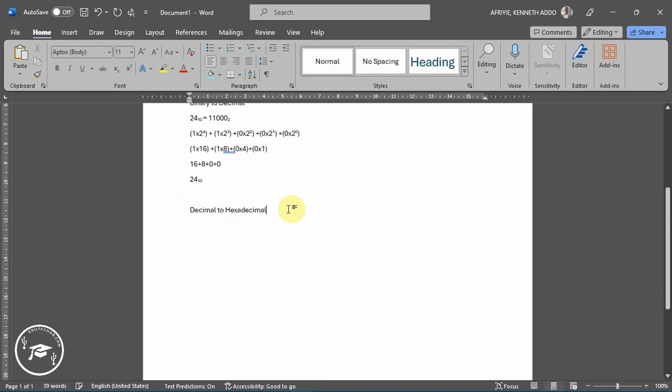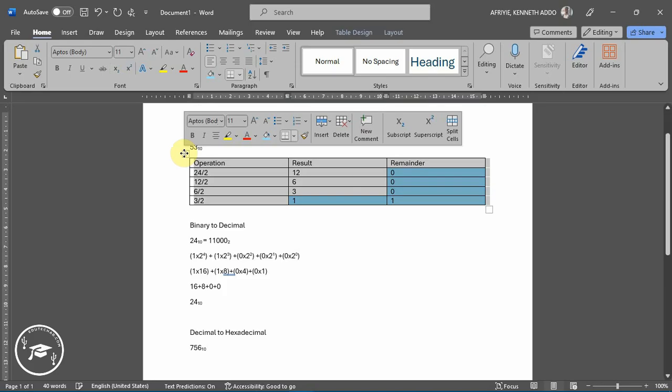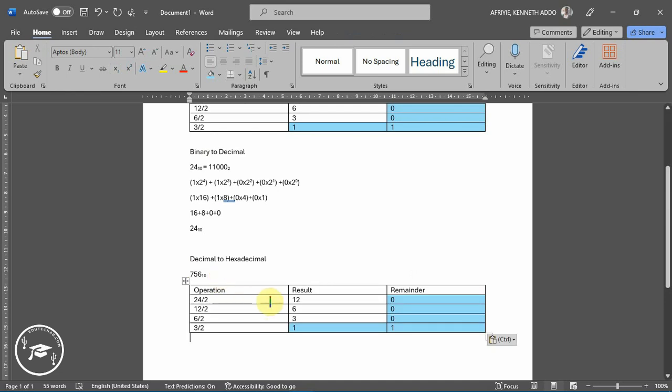Now we are doing decimal to hexadecimal. Great. So we are going to take the number 756 in decimal, which is in base 10, to hexadecimal. So what do we use? The same procedure of taking the remainder and all those things, right? Okay, so let's get our table ready. So I'll just copy this table, paste it, then I can empty this table here.